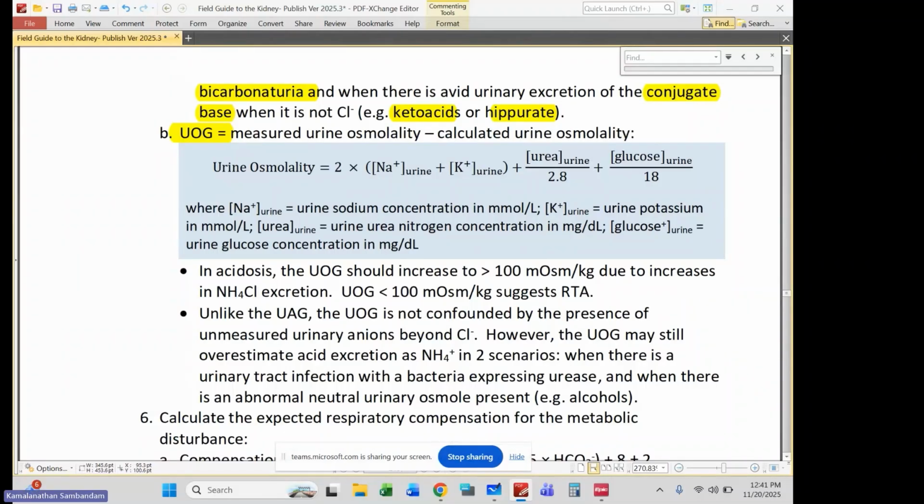Here's the formula. It should look reasonably familiar. It looks exactly like the plasma osmolality calculation, except you include potassium, because unlike plasma, you can have a lot of potassium in your urine. We ignore it in the plasma calculation. This is not going to be confounded by the presence of an anion. You should see an osmolar gap that is just large.